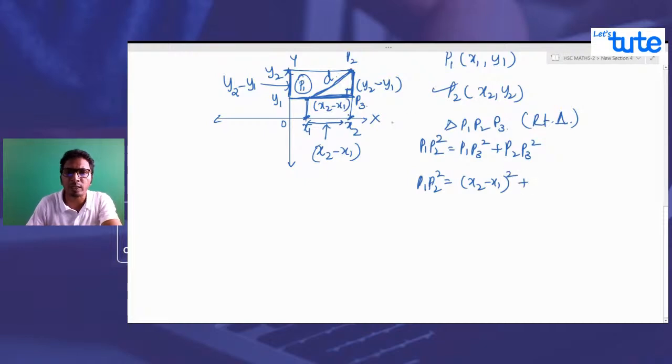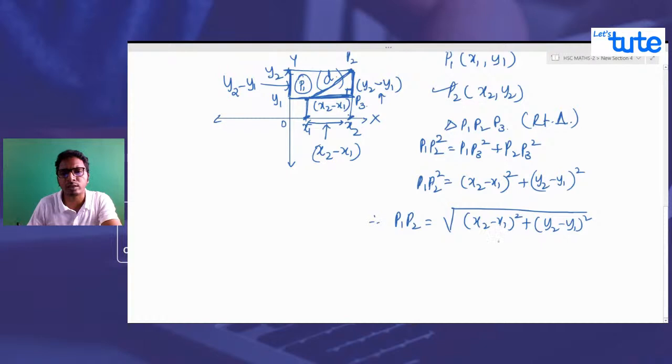What is P2 P3? It is already given here, y2 minus y1, the whole square. So therefore, the distance P1 P2 which we are looking for would be the square root of x2 minus x1 the whole square plus y2 minus y1 the whole square. Fine. So this is nothing but the distance formula which we are looking for.